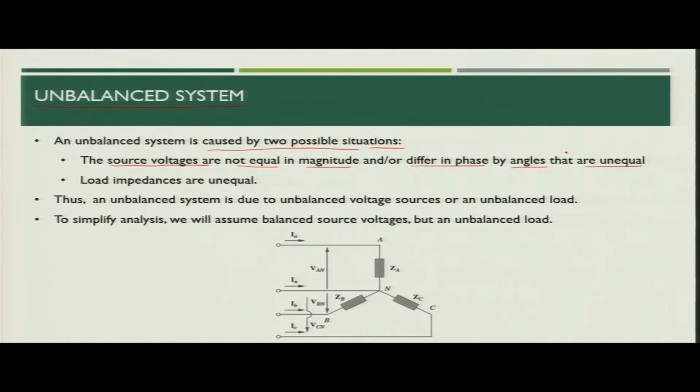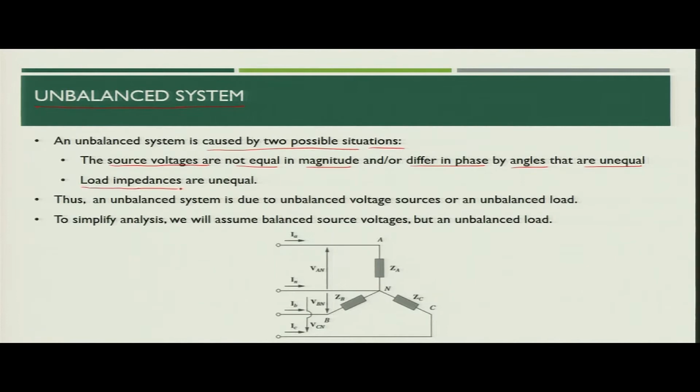For a balanced system we know that the phases are equally distant from each other, that is 120 degrees apart. But in an unbalanced system, the phases will not be exactly 120 degrees apart, there would be some phase difference. In that case we say that the system is unbalanced.